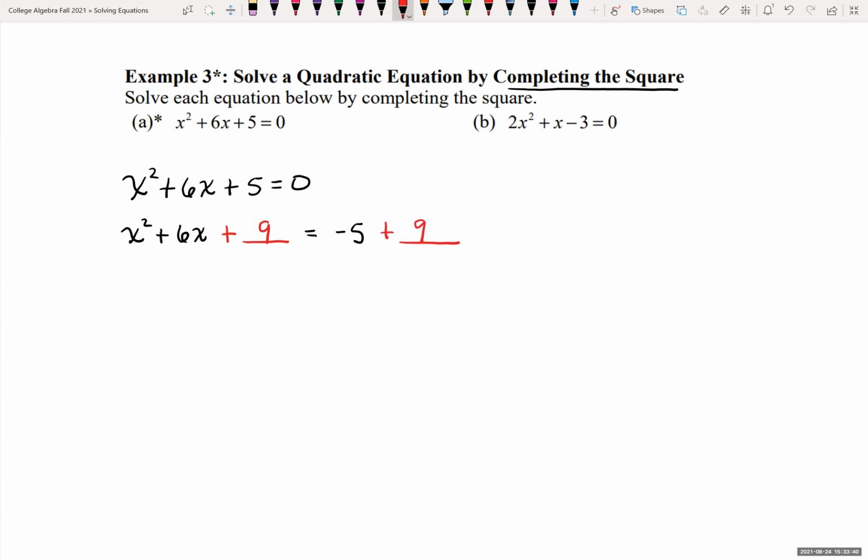Now let's rewrite the one side as a perfect square. The same number we would add to itself to get 6 and multiply by itself to get 9, that's 3. So x plus 3 quantity squared is equal to negative 5 plus 9, which is 4. It's in the form now that we can use the square root method, taking the square root of both sides.